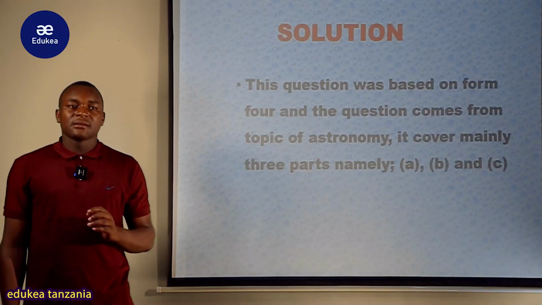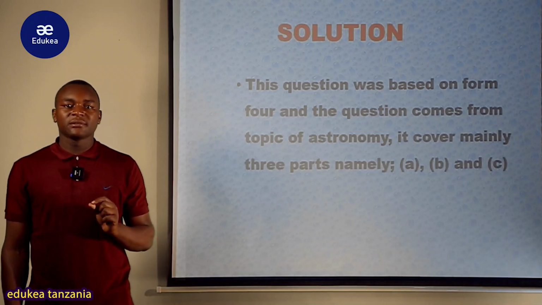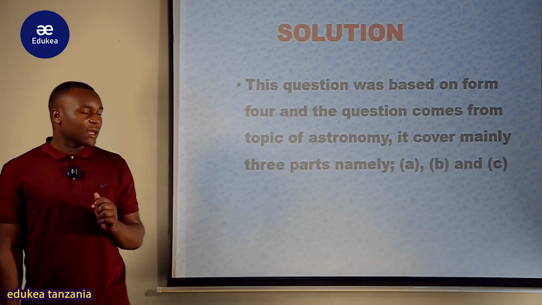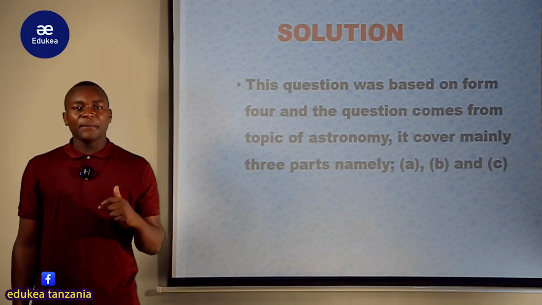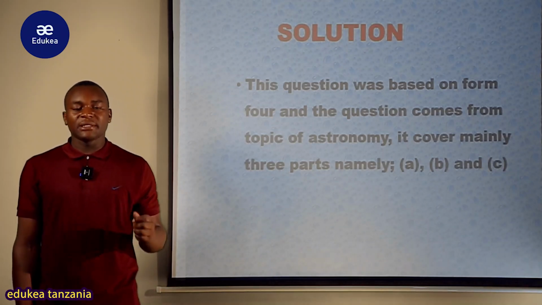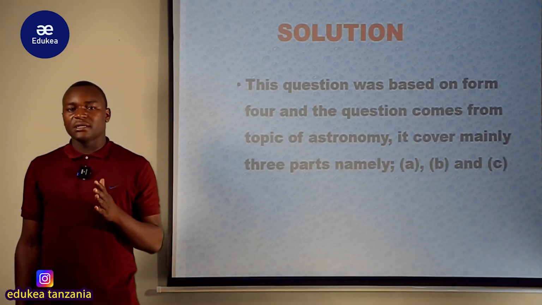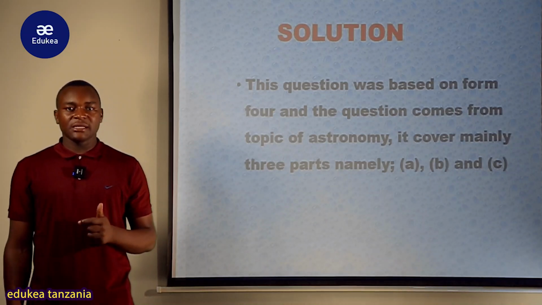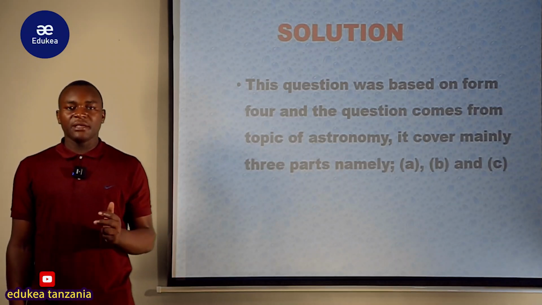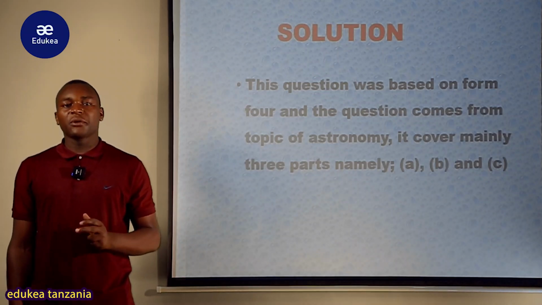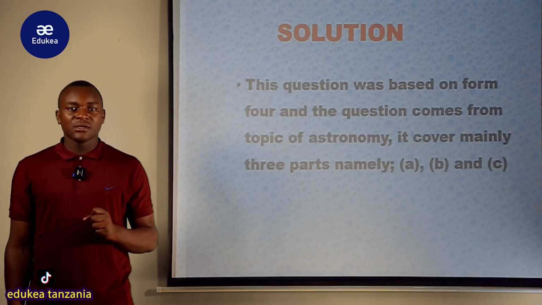For instance, question number 5 of the NECTA 2010 comes from the Form 4 level, and the topic which we are tested on is elementary astronomy. The question has 3 parts: part A has 2 Romans, part B has 2 Romans, and part C has 5 Romans.